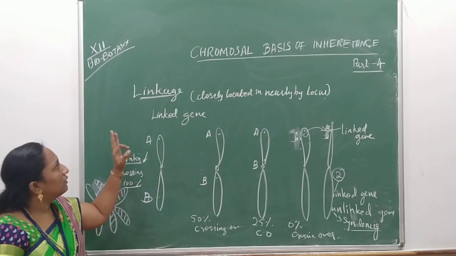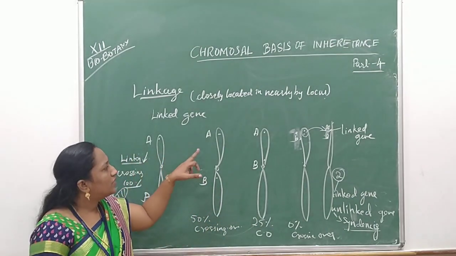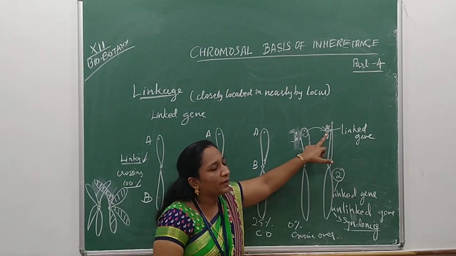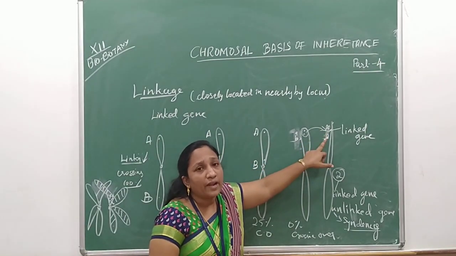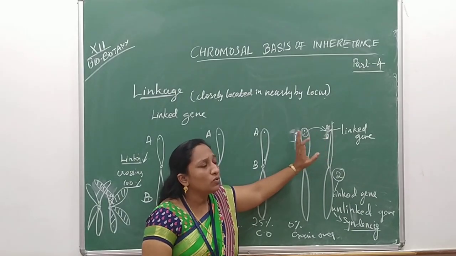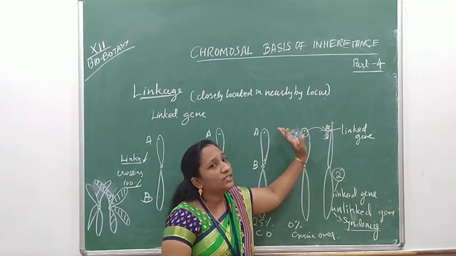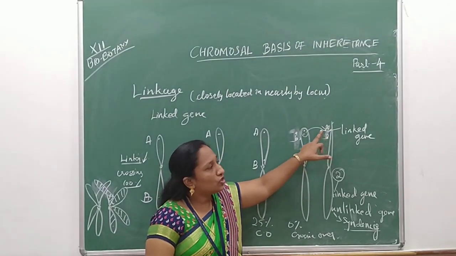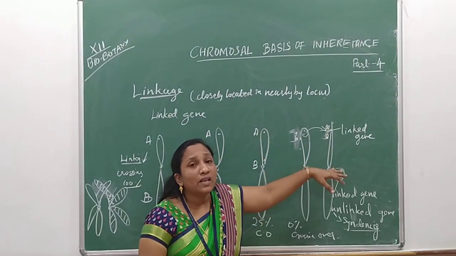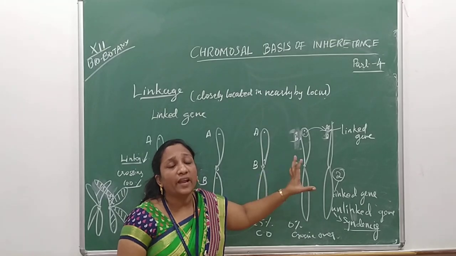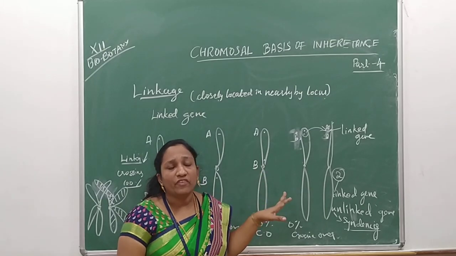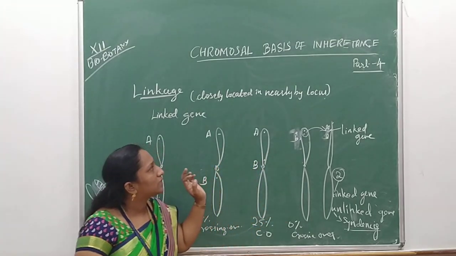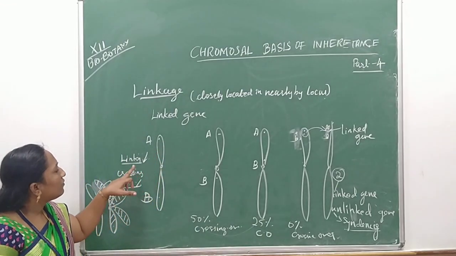Linkage means if the genes are very closely located in the particular locus, we cannot separate them from each other. If crossing over happens, both genes go together. For example, take eye color and skin color: both characters go simultaneously and do not separate. Such genes are called linked genes.